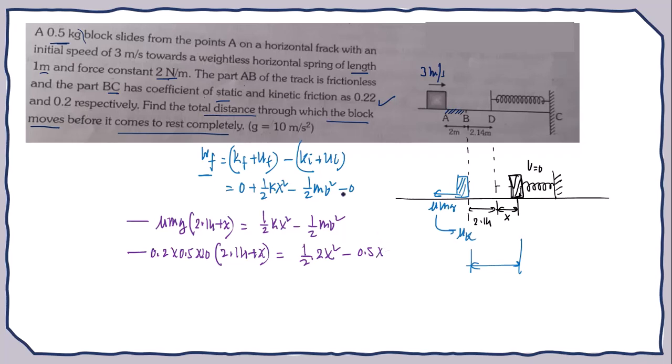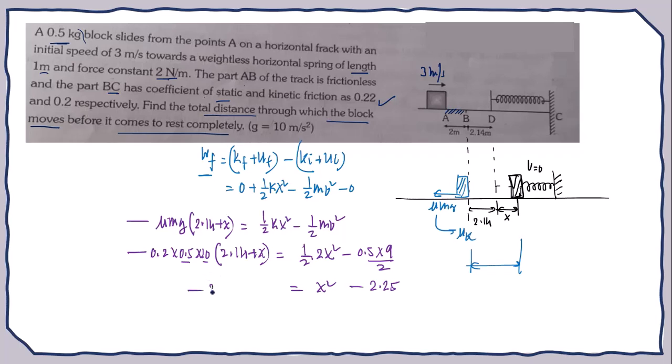V square is how much? 3 square is 9, so 9 by 2, which is 4.5. 4.5 into 0.5 here becomes minus 2.25. Now it is equal to x square. Now 0.5 into 10 is 5, and 5 into 0.2 means 1.